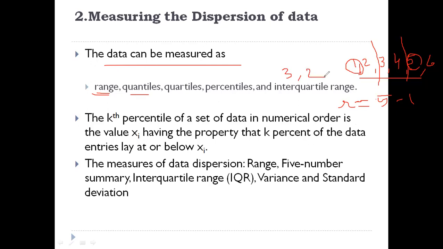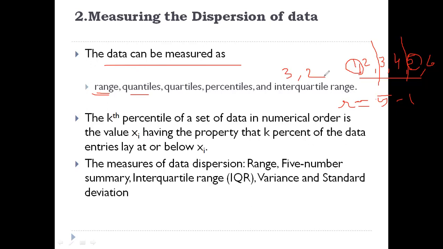So here we can divide the given data into equal sized consecutive sets. We can split the given data into a number of parts, and each part may have an equal size. Such a measurement is called a quantiles measurement.